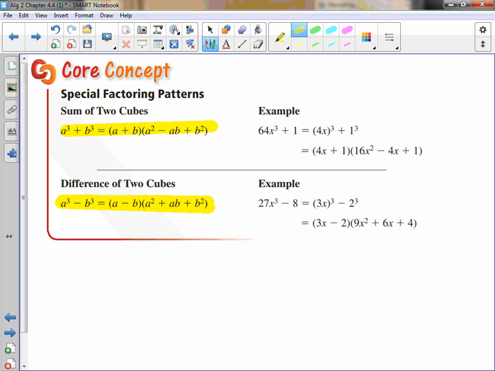You need to write both of these down. A cubed plus b cubed is equal to parentheses a plus b times a squared minus ab plus b squared, for the sum of perfect cubes.